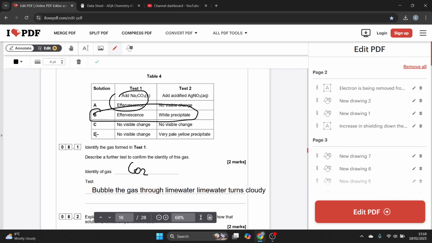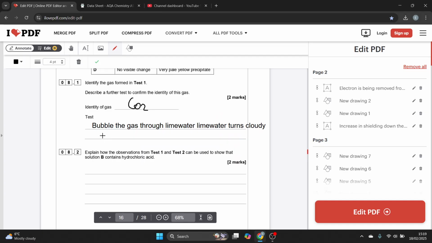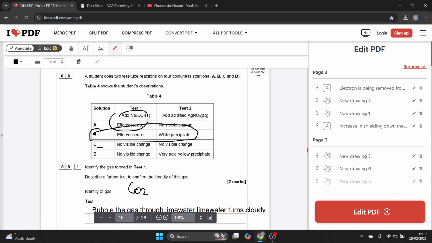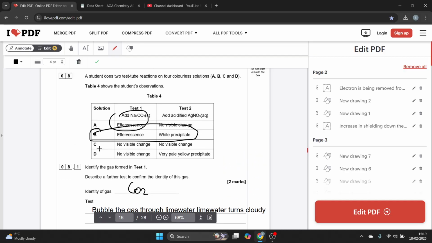Explain how observations from test 1 and test 2 can be used to show that the solution B contains hydrochloric acid. Well, what does sodium carbonate and effervescence even mean? It means you've got your H plus ions, right?